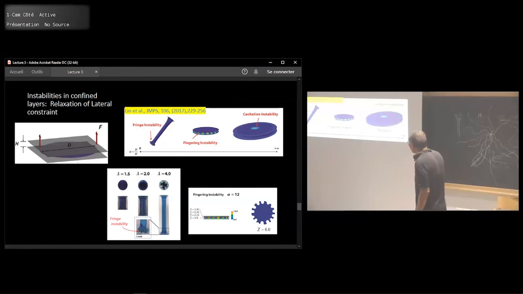And then if you have a very, very large aspect ratio, then you have cavitation, okay? And of course, I mentioned Matthieu because he is interested in this problem, and he will talk about this, okay?